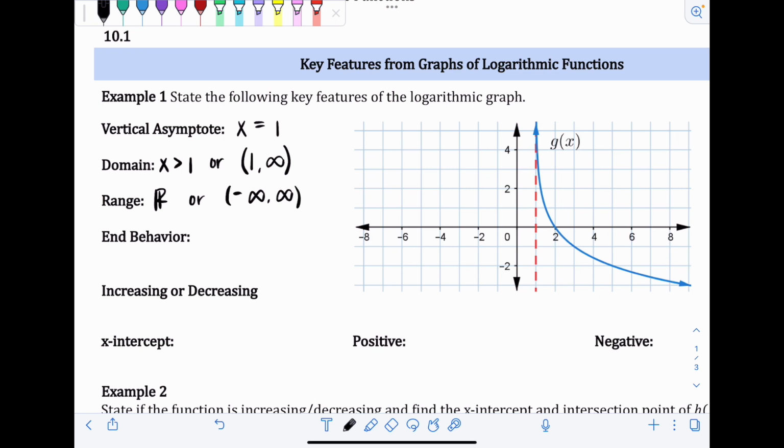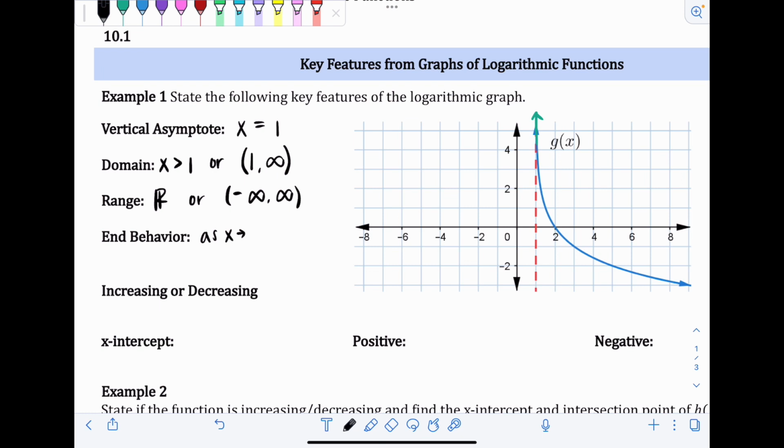And then for the end behavior, it's how each of the tail ends of the graph is finishing. So if we look at the left side of our graph right here, normally we say for end behavior, as x approaches negative infinity, that would be the left side, but the graph isn't going all the way to negative infinity for the x's because of that vertical asymptote.